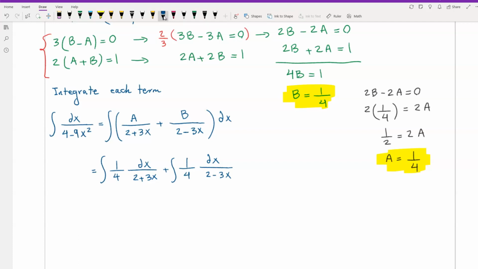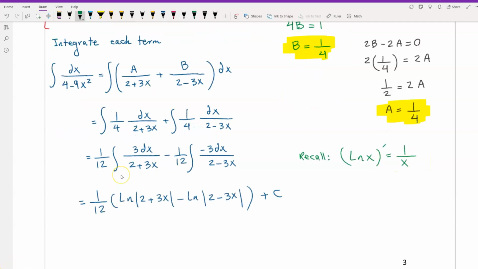And then integrate each term. Here we have the integral of a over 2 plus 3x plus b over 2 minus 3x, times dx. And here instead of a and b we have 1/4. So I used 1/4 for a and 1/4 for b. Next step, on this part, I multiplied this one by 3 over 3.